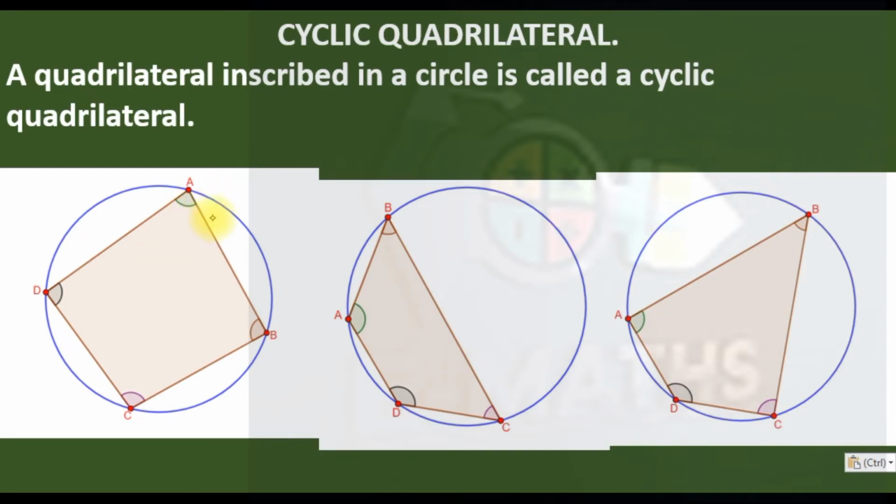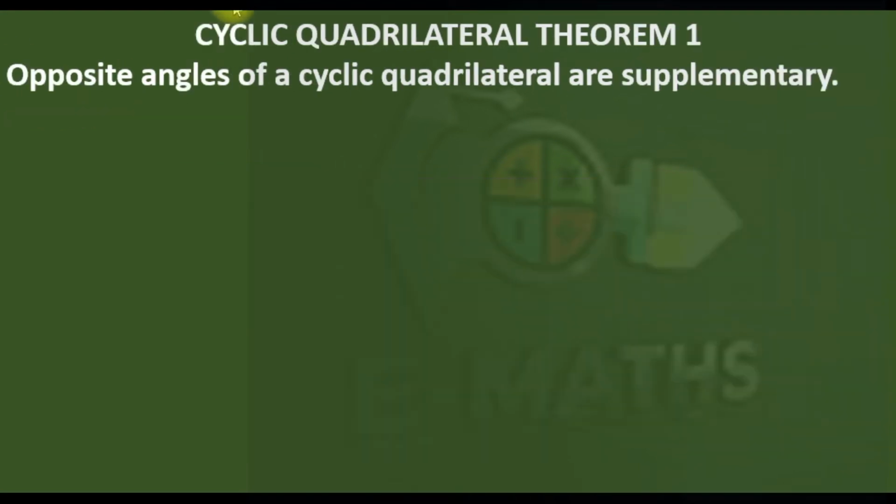We have two theorems here. The first one is this, that opposite angles of a cyclic quadrilateral are supplementary. Supplementary means they add up to 180.